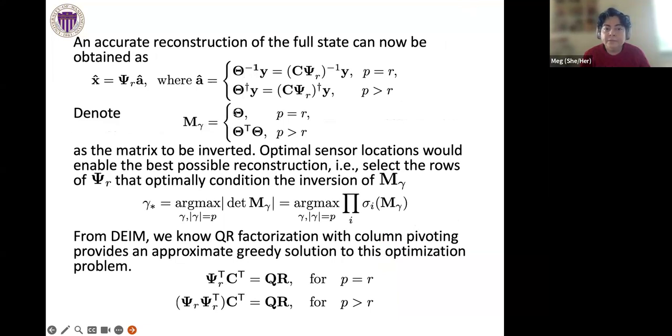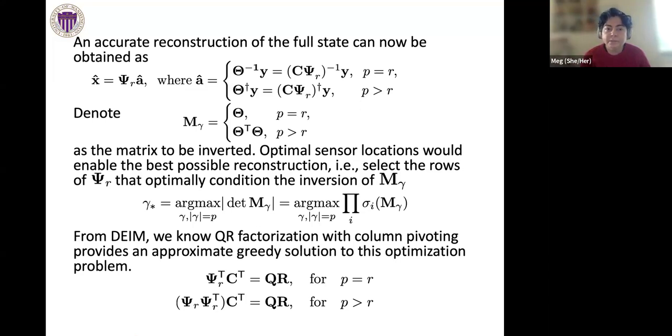And I denote the matrix to be inverted, Theta, as M. Here I have shown two different cases. One is when the number of point measurements, the sparse sensors that we are placing, is equal to the number of modes that we have used to truncate the POD. And the second case is oversampling, where the number of sensors is greater than the number of modes I'm using in the POD reconstruction.